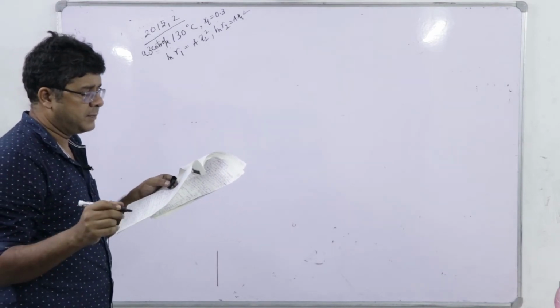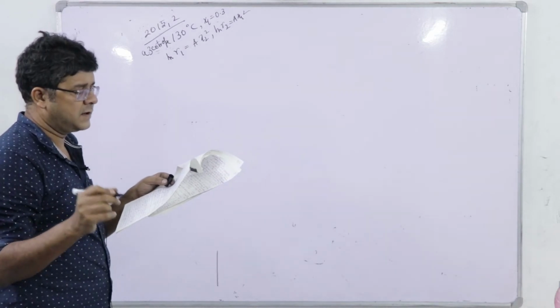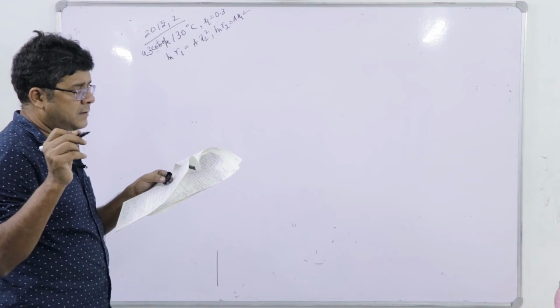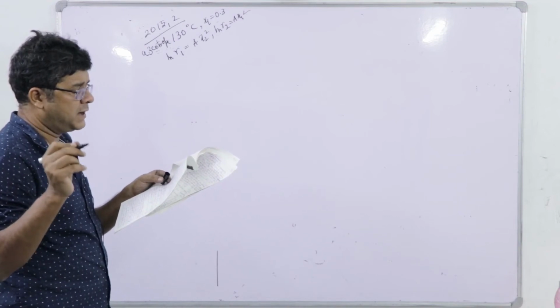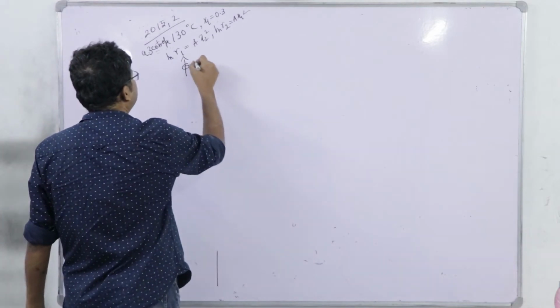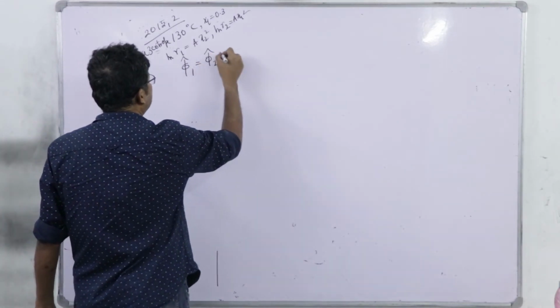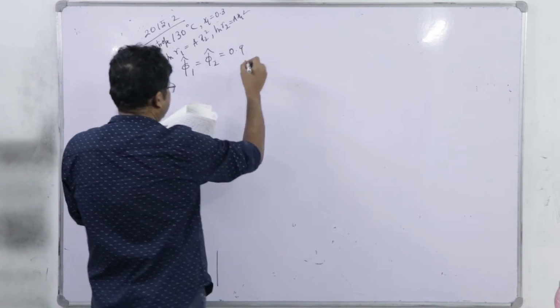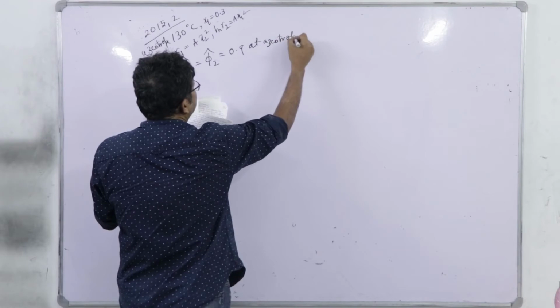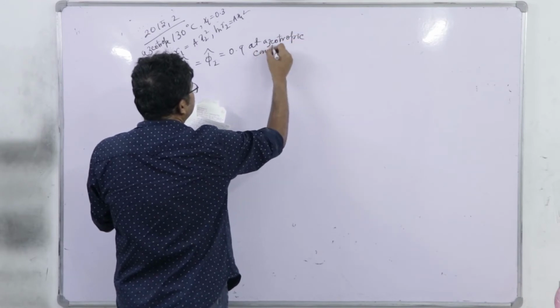For both the components, fugacity coefficients are 0.9 at the azeotropic composition. So phi 1 cap, phi 2 cap equal to 0.9 at azeotropic composition.